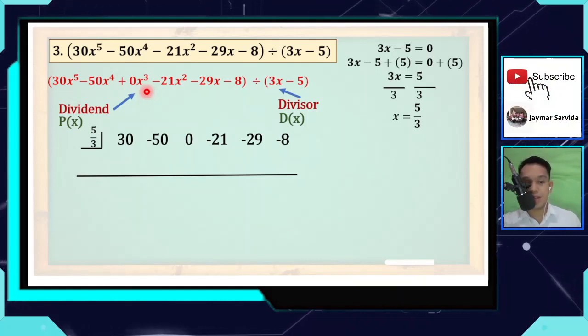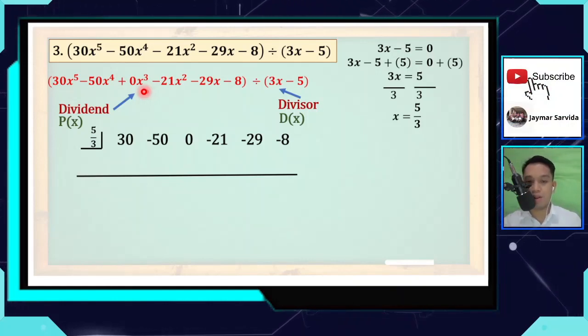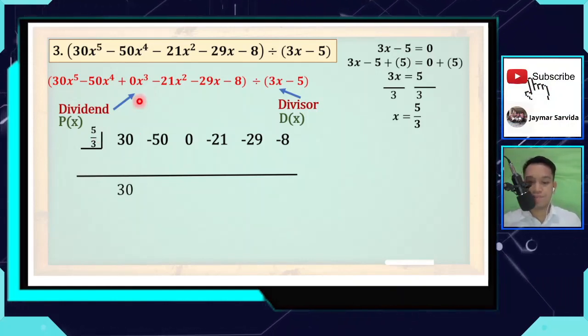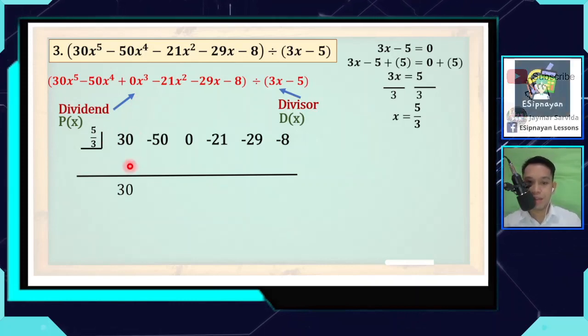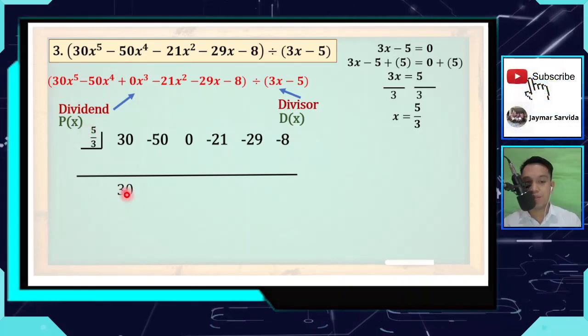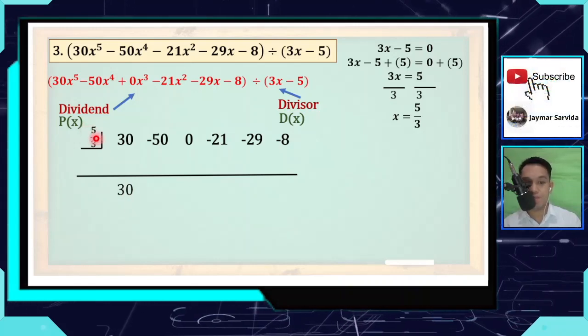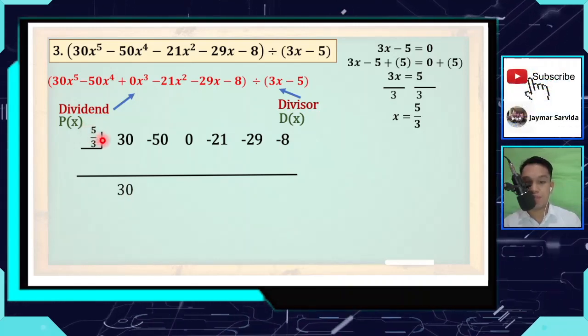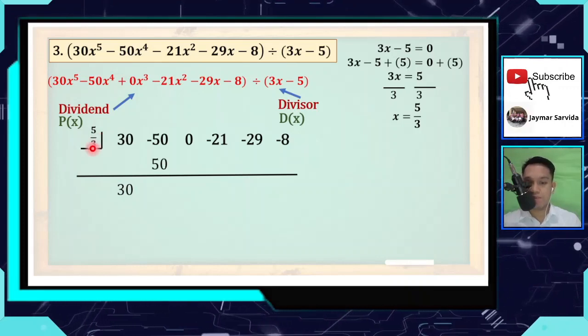So, let's start. Bring down the leading coefficient, which is 30. Then, 30 times 5 over 3. You can multiply 30 times 5, that is 150, divided by 3, that is 50.